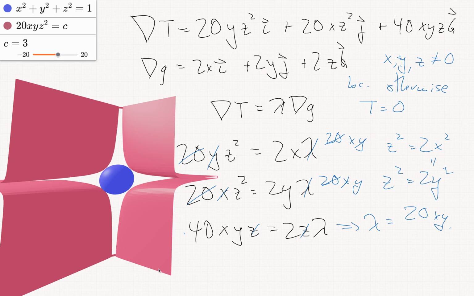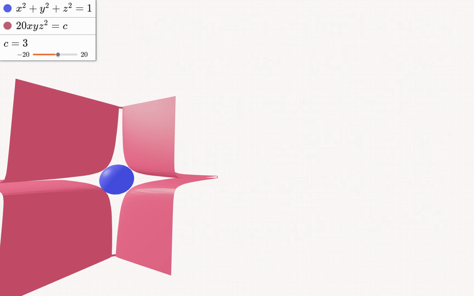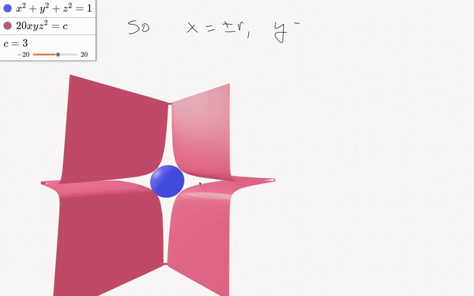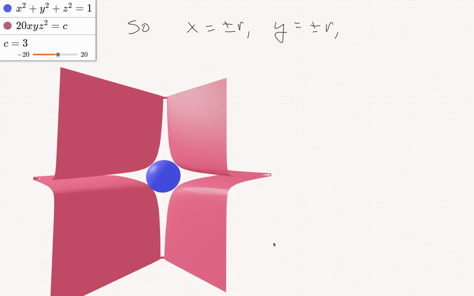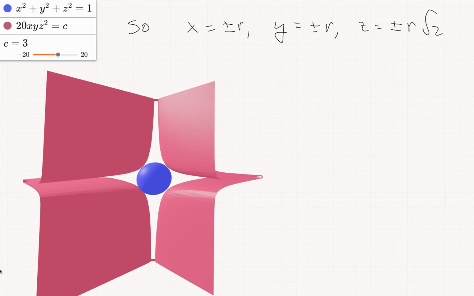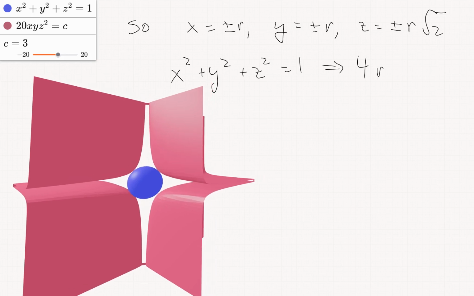So our points will be x equals plus minus r, y equals plus minus r, and z equals plus minus r root 2, for some r. Now, x squared plus y squared plus z squared equals 1 implies 4r squared is 1.